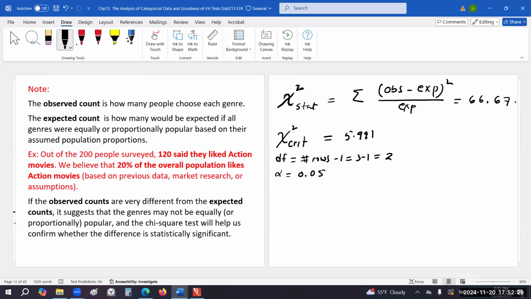So we carry out the test and we realize that chi-square critical is smaller than chi-square statistic. Do you remember, if the statistic is bigger, do you reject the null or do you fail to reject the null? Good job. Yep, we reject. So we reject the null hypothesis.